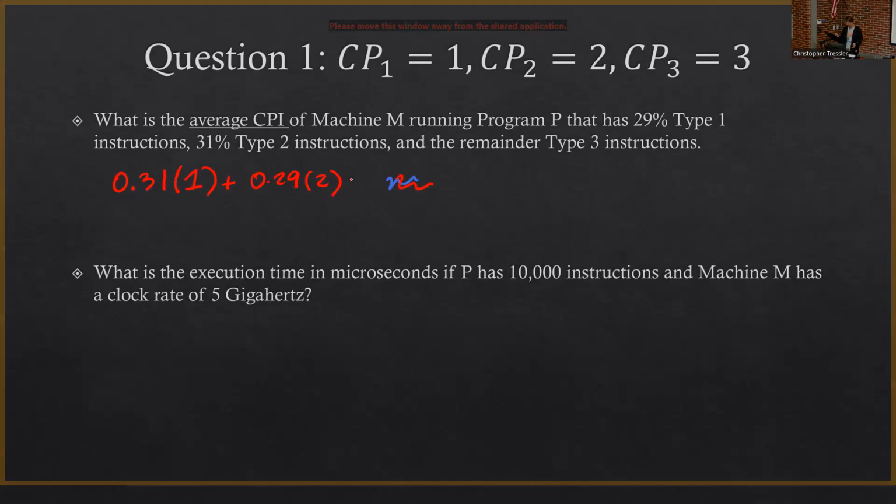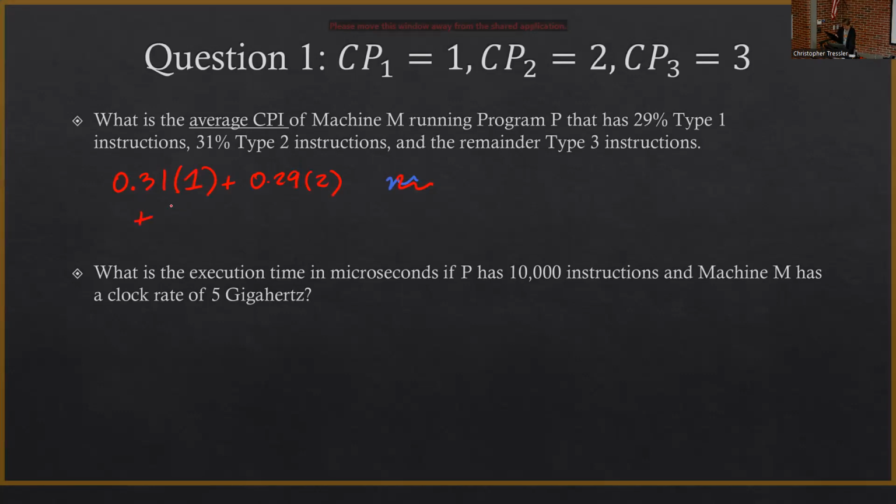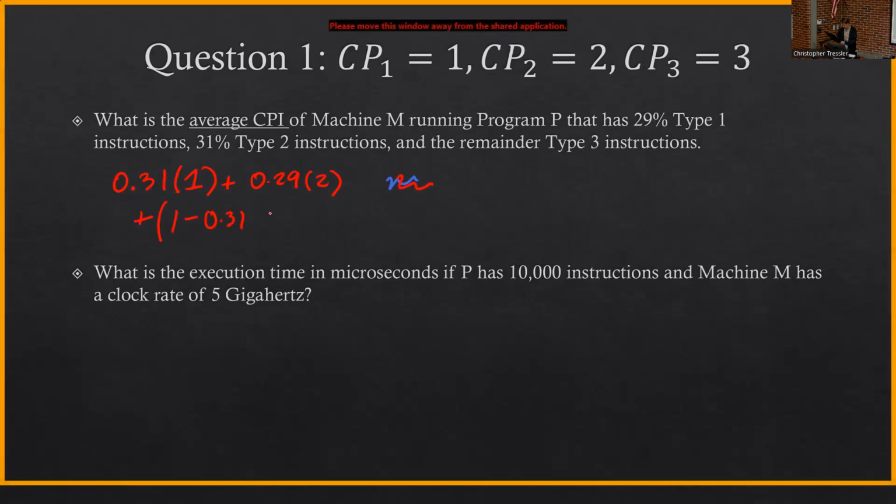Now notice it says that the rest are type 3 instructions. So we have to find the remainder of the percentage, which is 1 minus 0.31 minus 0.29, and we do that times 3.